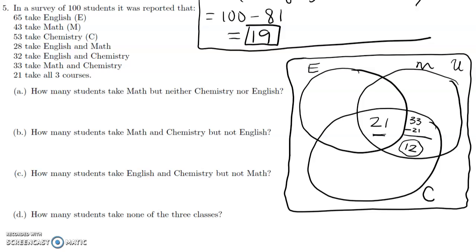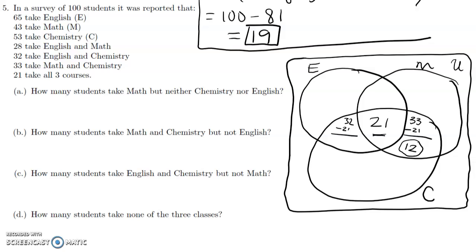All right, let's try and do the same thing with our next number. 32 take English and chemistry. So we're looking at the overlap of English and chemistry. But 32, notice, would be the full overlap of English and chemistry. So taking a look at that, then we've got 32 minus that 21.